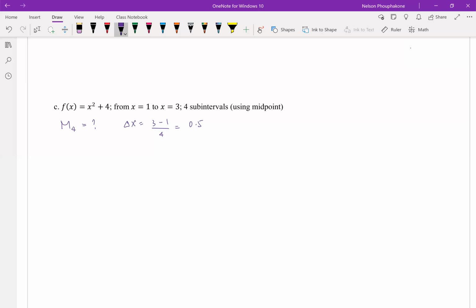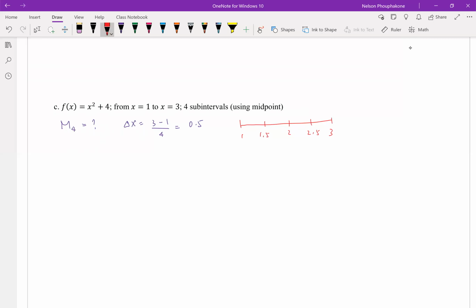Okay, so for this one, let's see what my input is. This is from 1 to 3, and then we separate this into 4 intervals. So it will be 1, 1.5, 2, 2.5, and 3.